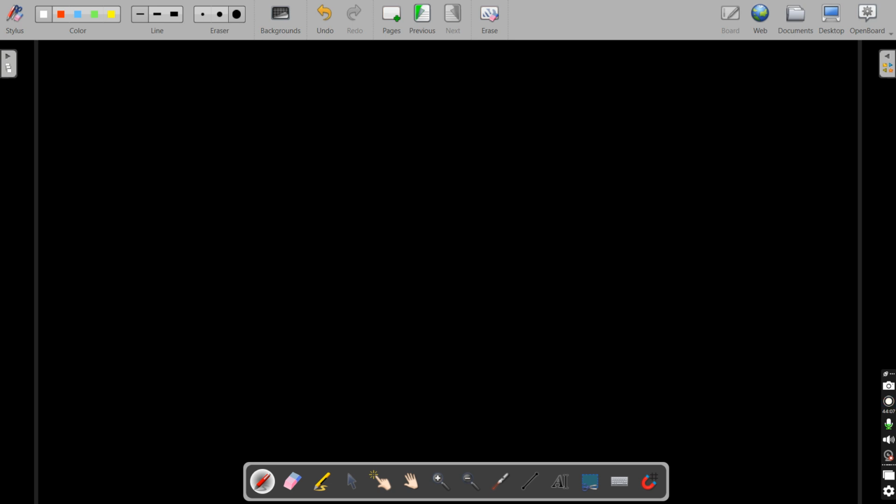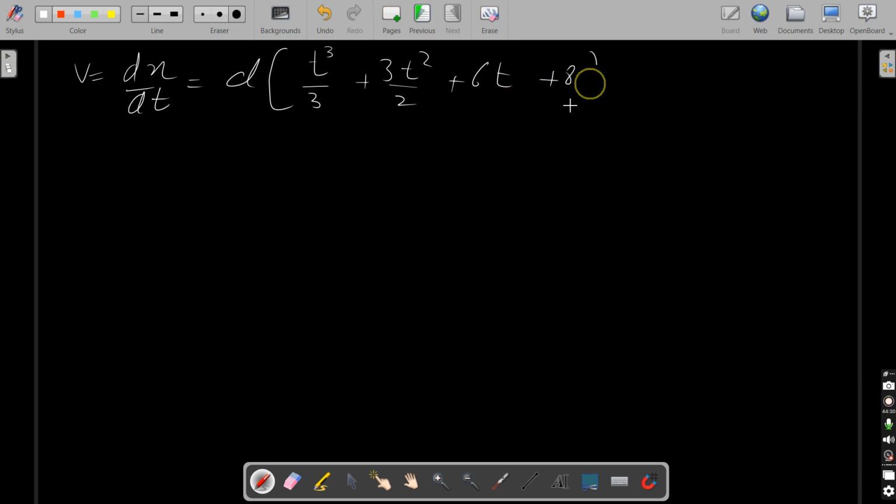So they are asking the instantaneous rate of change, which is dx upon dt, that is d of t cube upon 3 plus 3t square upon 2 plus 6t plus 8, upon dt. Using n x to the power n minus 1, the 3 and 3 get cancelled.